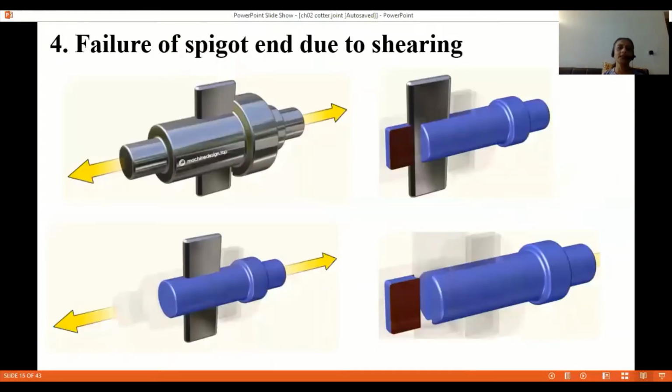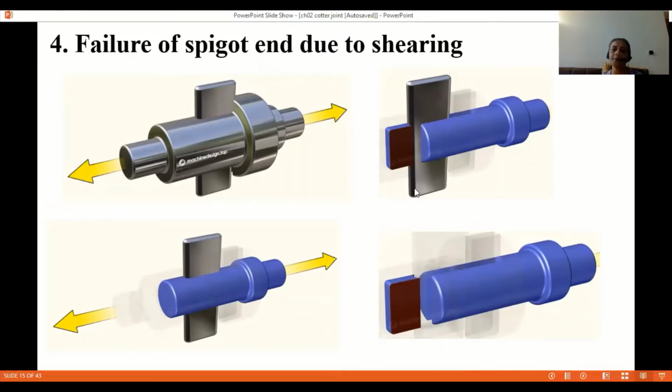Fourth step is failure of the spigot due to shearing. This is the full assembly of the socket, spigot and quarter joint. The quarter will slightly give a push to the end of this spigot, you can see from here.